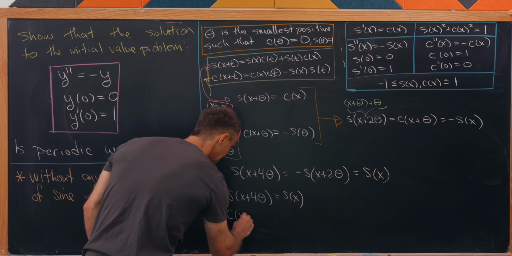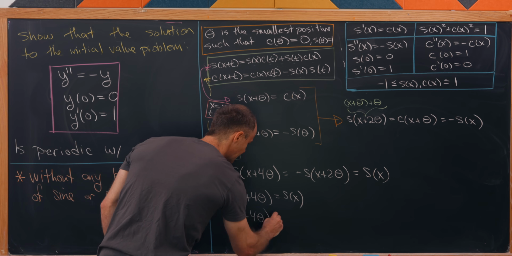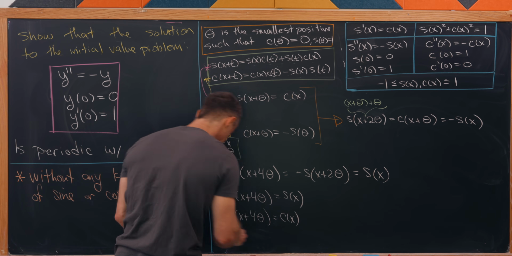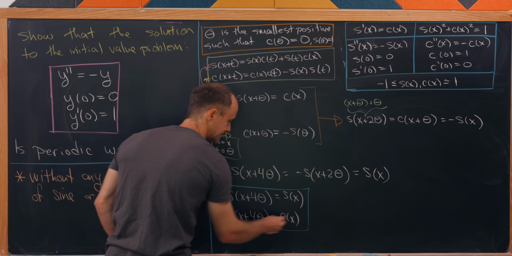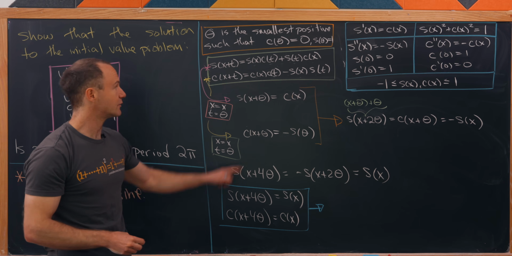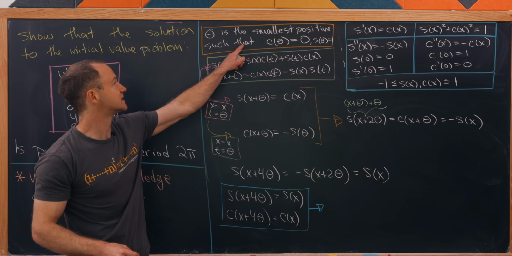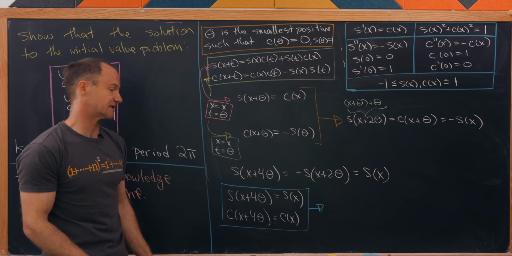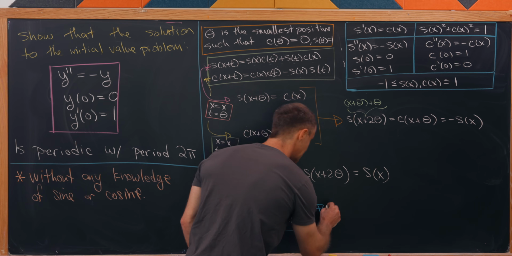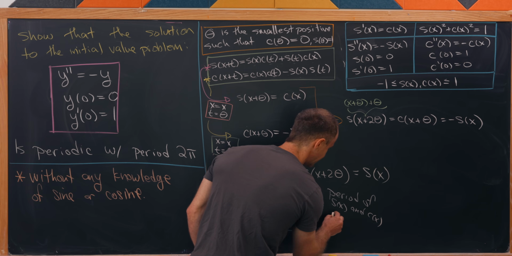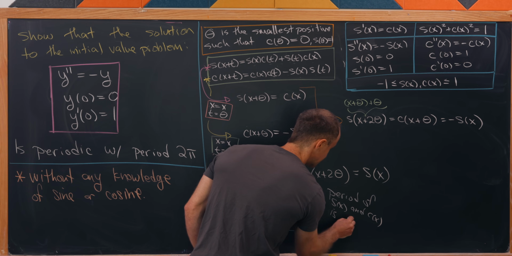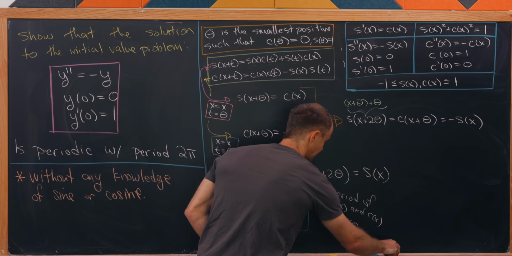And we have c of x plus 4 theta is very similarly equal to c of x. Okay, nice. So that, combined with how we chose theta up here to be the smallest positive number that makes this happen, means the period of s of x and c of x is 4 times theta.